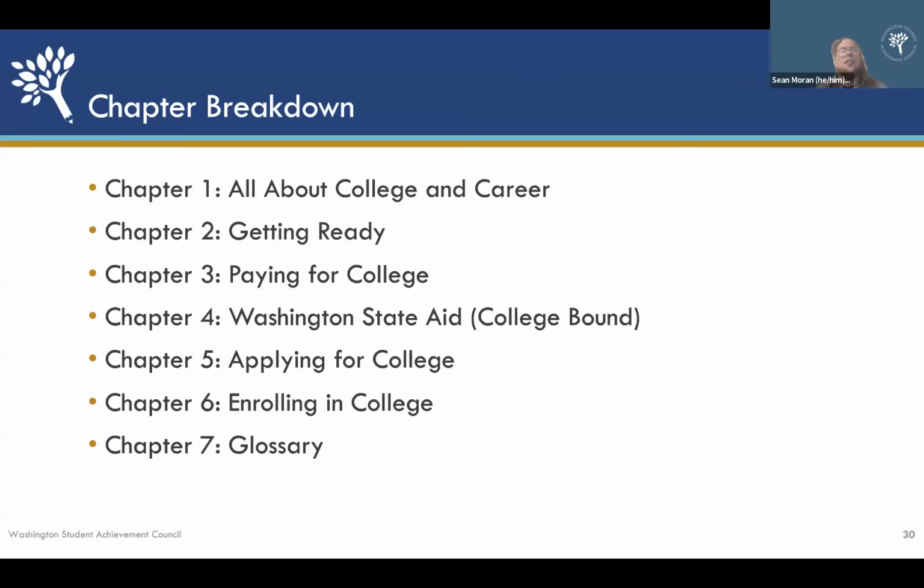Enrolling in college works them through that transition piece so that they know how to get the support when they go to college or are looking at life after high school.